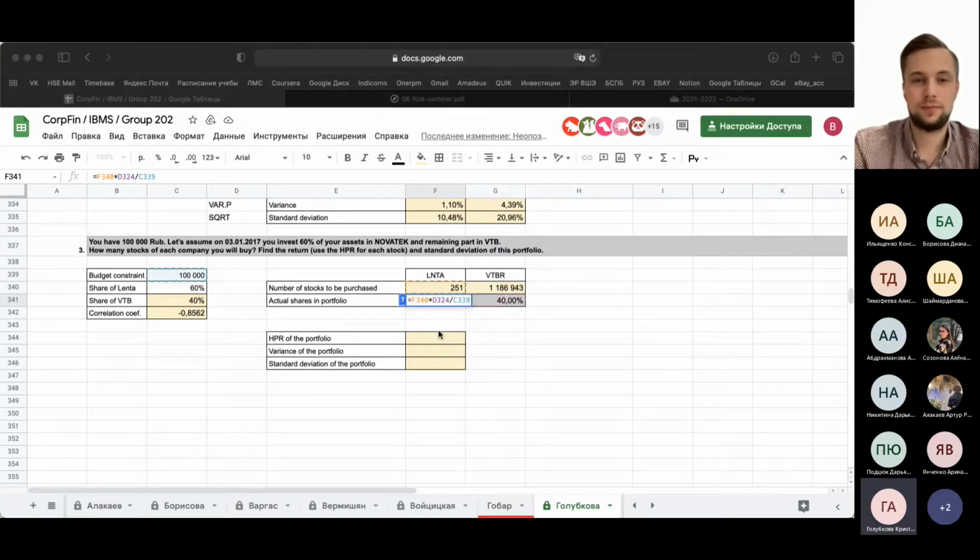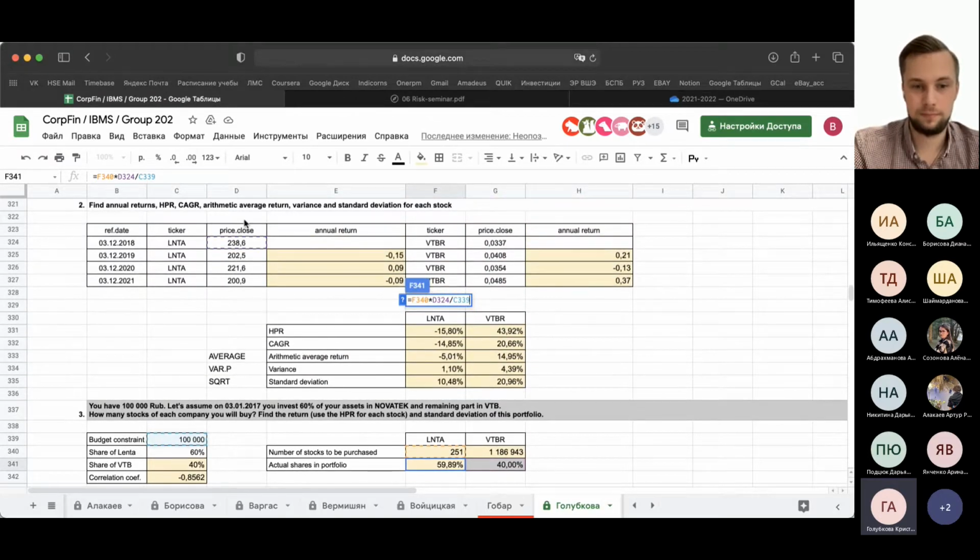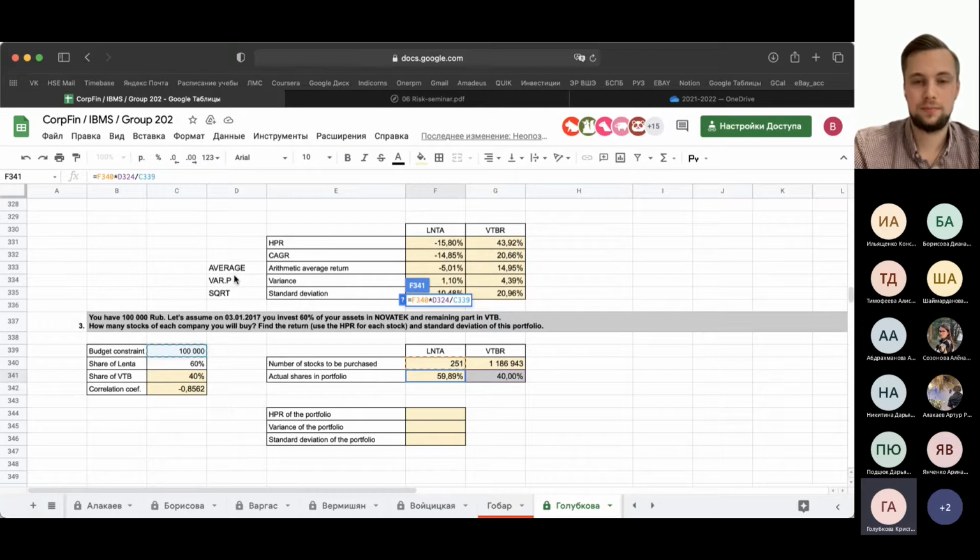Well, first of all, we need to multiply the number of stocks we have by its initial price, and then divide by the budget constraint, so divided by 100,000. And that's how we can calculate them. Okay, maybe some other suggestions. Does everyone agree with that?